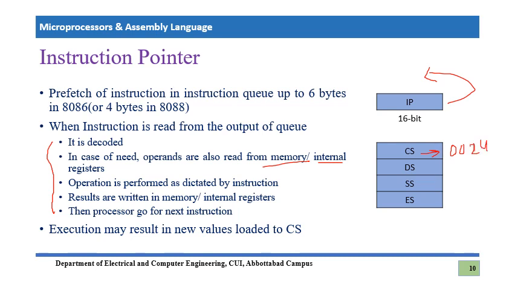Maybe after the execution this value has now become 00124. So what does it mean? It means you have a new code segment. Remember, that is a kind of change of code segment. So this may also be done using an instruction. So within the execution of a single instruction, we may have a change of code segment. That is some of the things which we have to deal with while we are dealing with instruction pointer values and the code segment values.